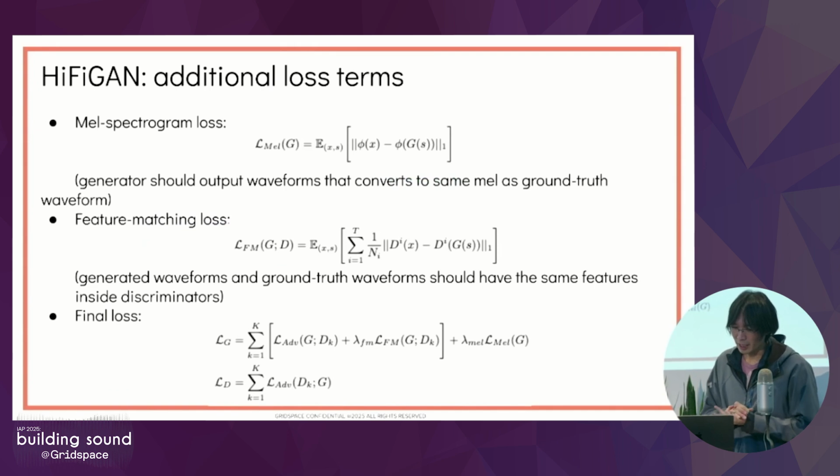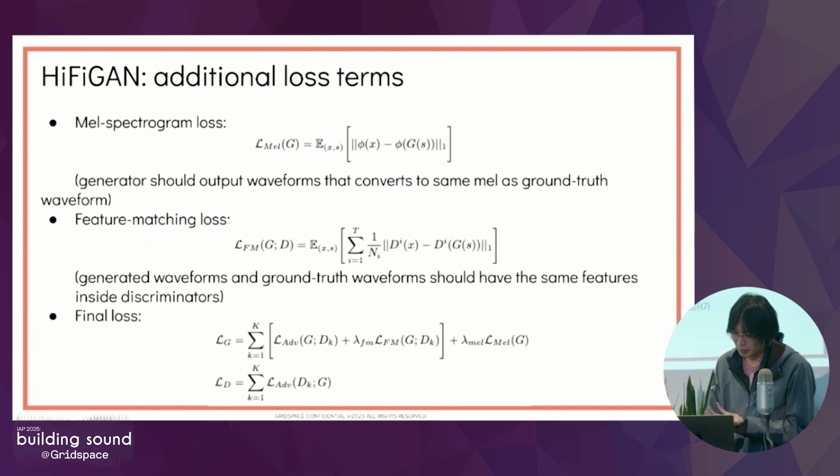So for HiFi-GAN to train stably, it's not sufficient to have those 2 loss terms for the discriminator and generator to fight against each other. There are also additional helper loss terms, like MEL spectrogram loss, which just helps the generator to generate something that should have a short L1 distance with the ground truth audio.